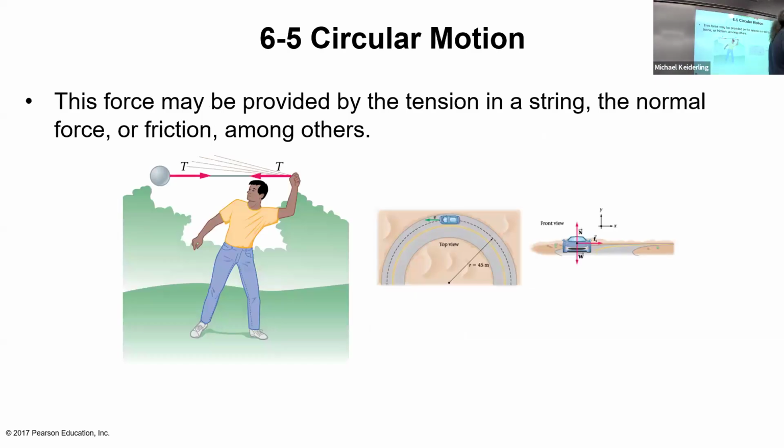This force can be provided by the tension in a string, the normal force if you have a banked curve, or if you're on a roller coaster going around a loop, that's being provided by the normal force, or friction, among others. So when you drive around a curve in your car, that's friction providing the centripetal force.